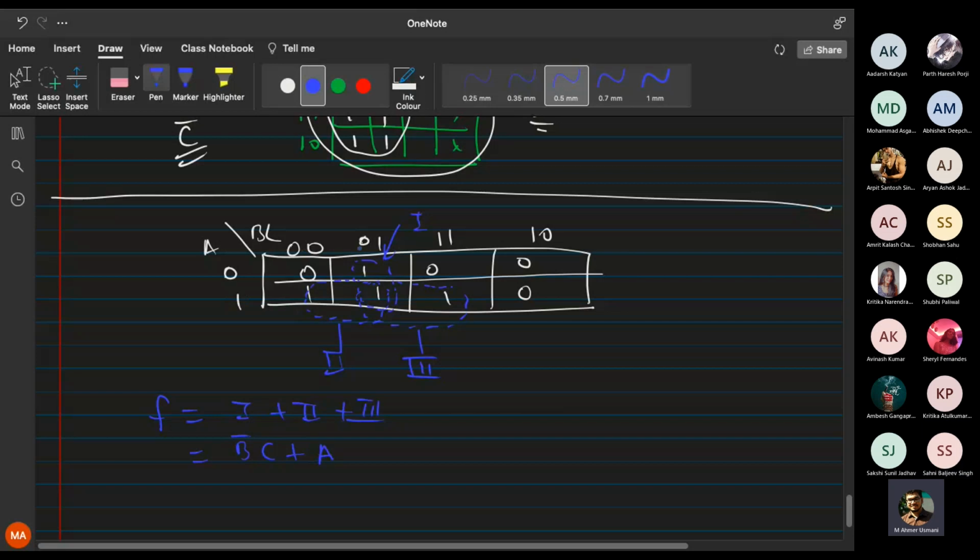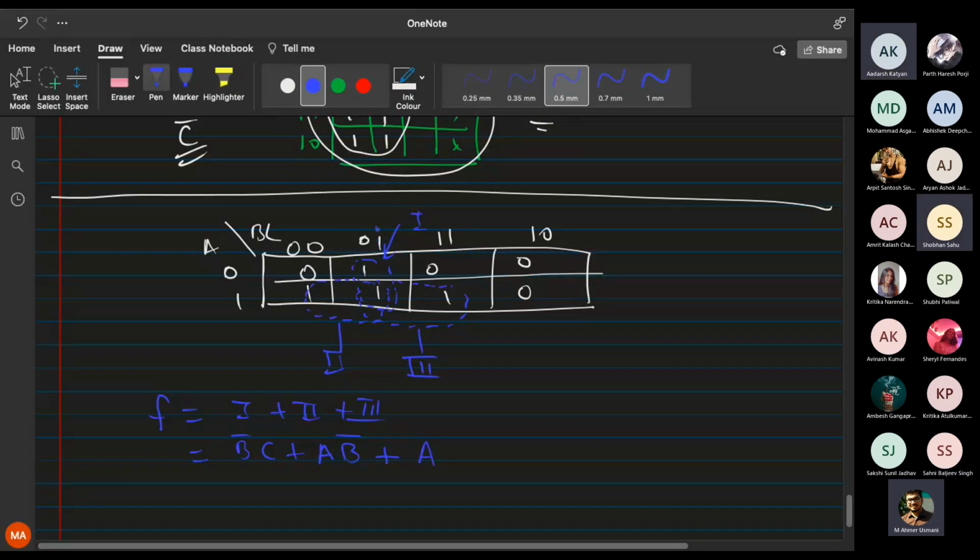B bar. A, B bar, very good. Plus the third one. What do we have? Only A is common, sir. No, only A is not common. Look at C. AC. C is 1 over here. So AC. Correct? Is this clear? Got the idea?